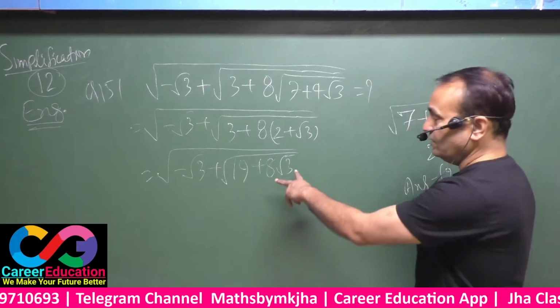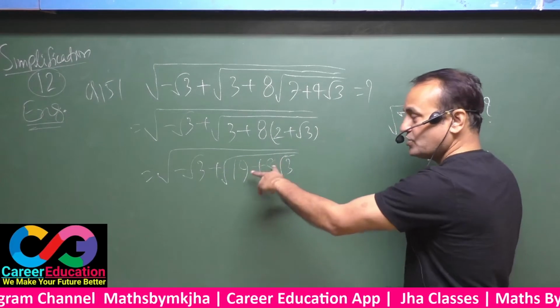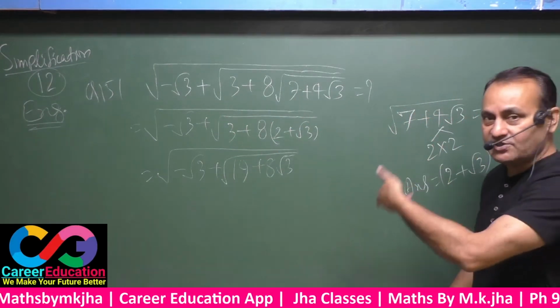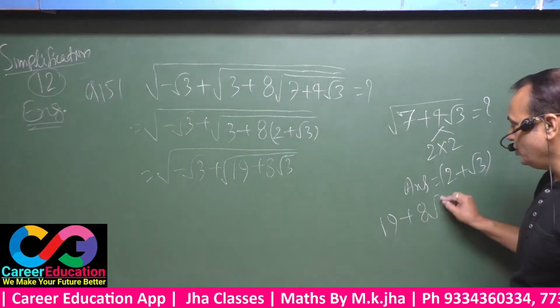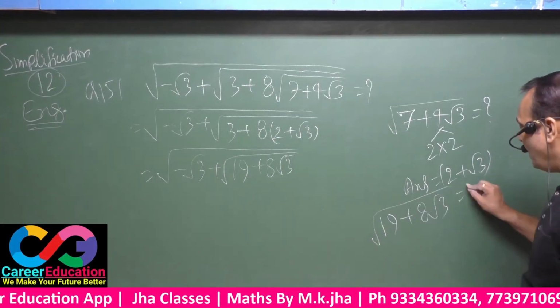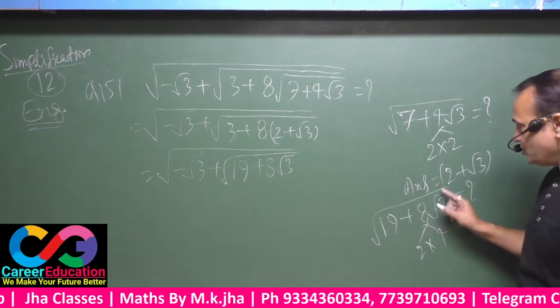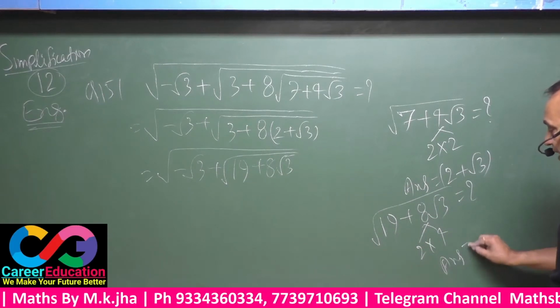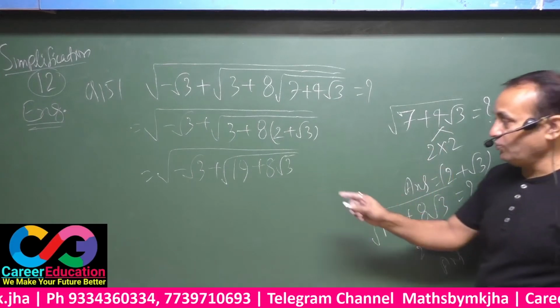Again see here, this situation, the same question has been solved by you today itself, in this class itself. Under root of 19 plus 8 root 3 equals to what? You point out 2 here, this is 4 square 16, this is 3, after addition 19. That means for this situation the answer will be 4 plus root 3. That must be noted.